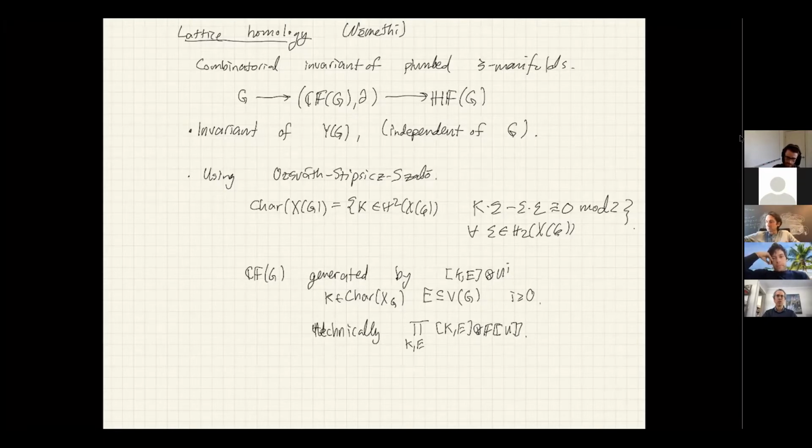Let me actually rewrite this. Technically, these aren't the generators; the generators are in this completed thing. But conceptually, it doesn't add a lot of complication. So direct products and power series.